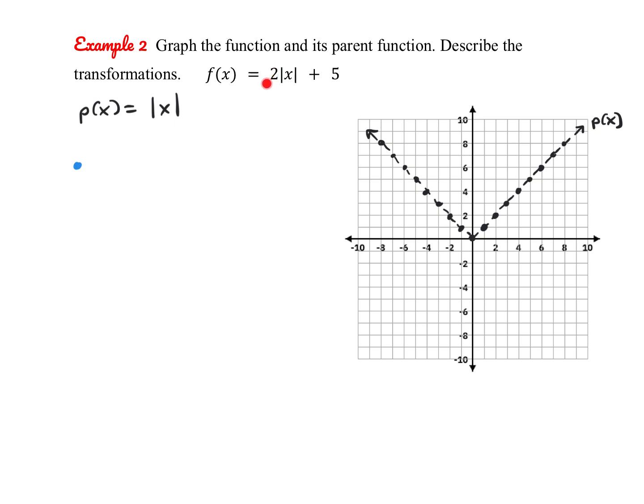I can see that I'm multiplying on the outside, so it's not specifically to x. So I know that it must be vertical. And since it is multiplication, it's a stretch or shrink. Now, since this a value is bigger than 1, I know this is going to be a vertical stretch by a factor of 2. So let's talk about how this affects our graph.